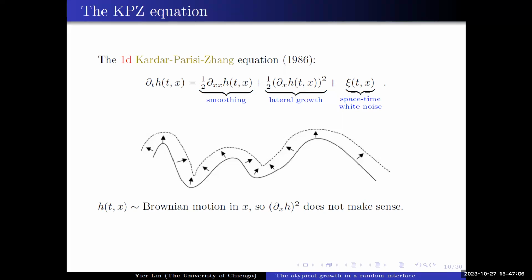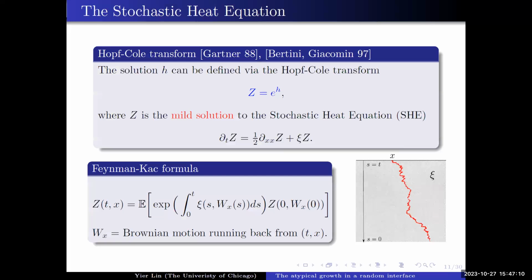So one way, actually the first way people tried to make sense of the solution theory, is carried out by Gaudreau and later the work of Bertini and Giacomin. What they study is a different equation called the stochastic heat equation. So it's a linear equation. You only have a heat equation part plus some noisy part. And the noisy part is given by this Z multiplied by the space-time white noise.